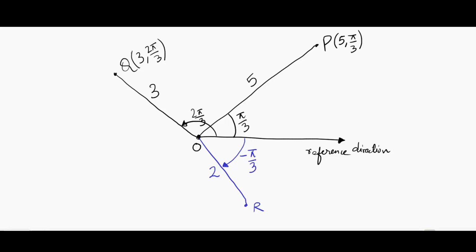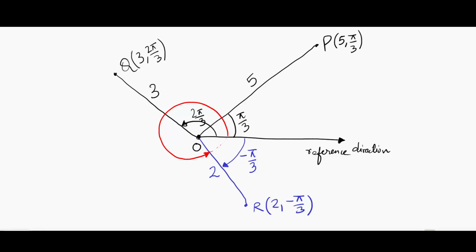So the polar coordinates of this point R will be 2 comma minus pi by 3. Otherwise, you can measure the same angle like this as well. Is that clear? If you measure this way, then if we go all the way around, the total angle is 2 pi.